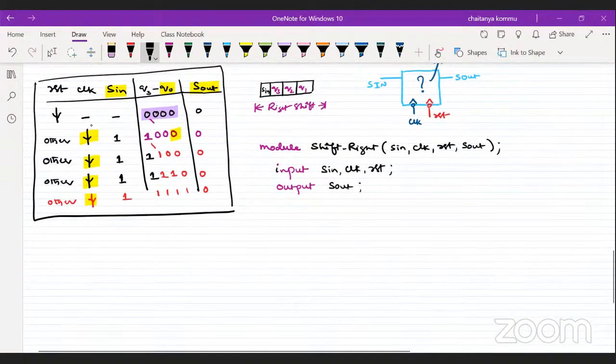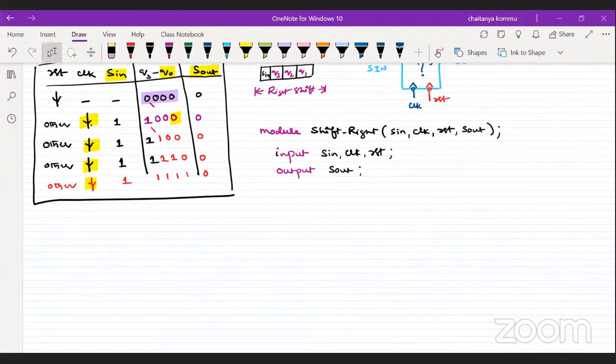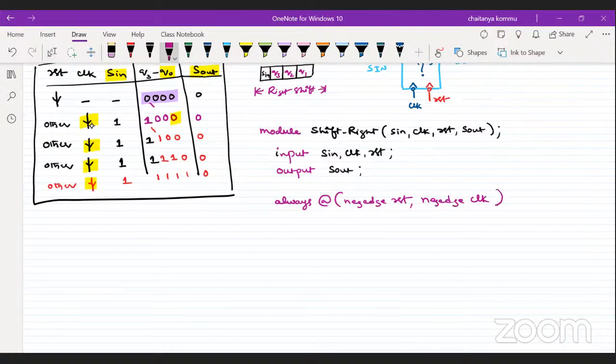What I want to do here is that I need to use an always statement. Always for every negative edge of RST, comma, negative edge of clock. These things must be user defined.